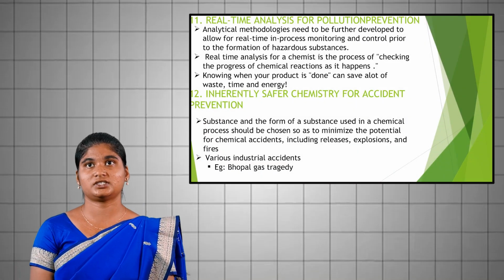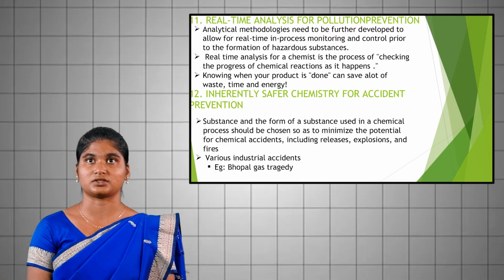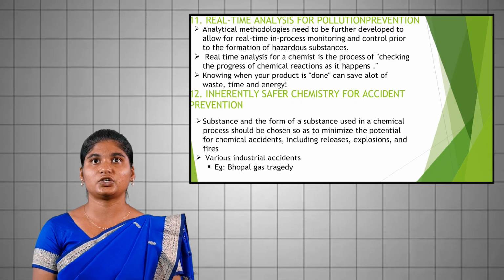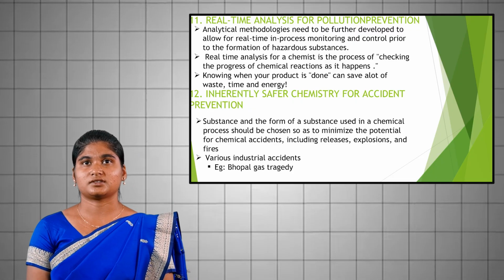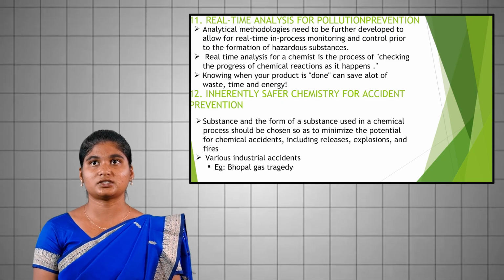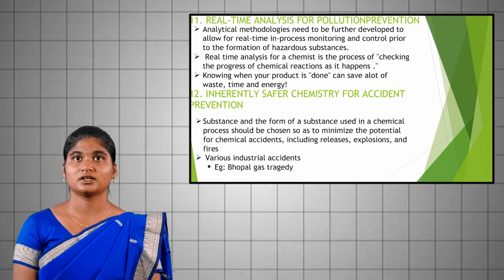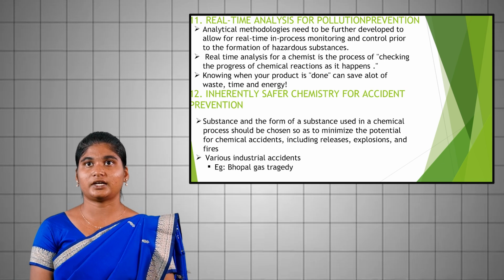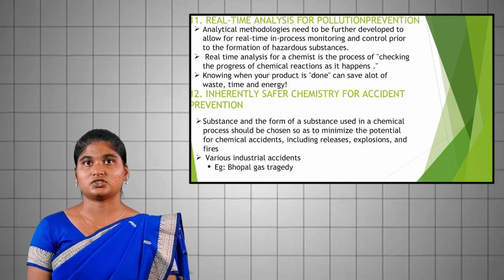Analytical methodologies need to be further developed to allow for real-time, in-process monitoring and control prior to the formation of hazardous substances. Real-time analysis for a chemist is the process of checking the progress of a chemical reaction as it happens. Knowing when your product is done can save a lot of waste, time and energy.